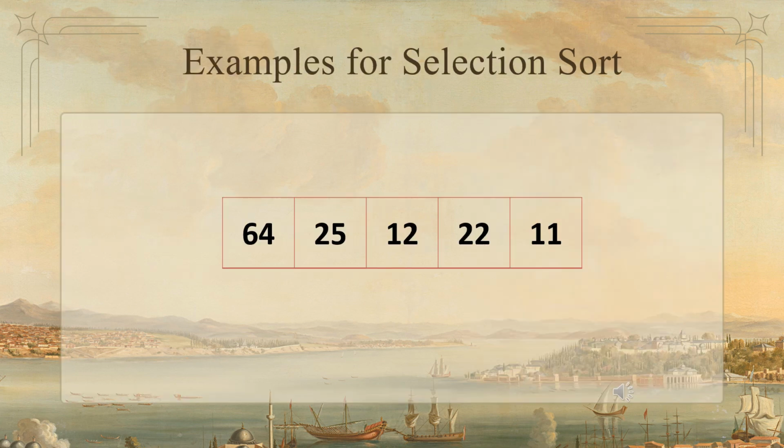Now we are going to talk about a simple example for selection sort. Here I have an unsorted array: 64, 25, 12, 22 and 11. Now let's apply selection sort to this unsorted array and sort it out.